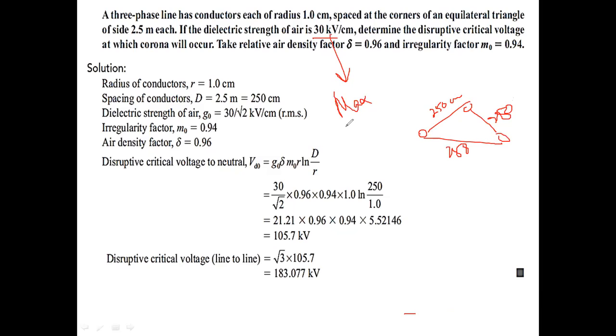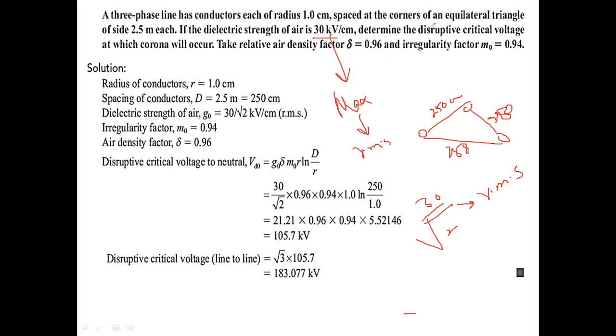So for the previous formula we have to convert it into the RMS value, so 30 divided by square root 2. By this way it will be converted to the RMS, because the relation between the maximum and RMS is that RMS is equal to peak value over square root 2.